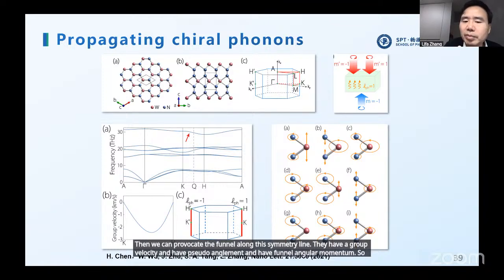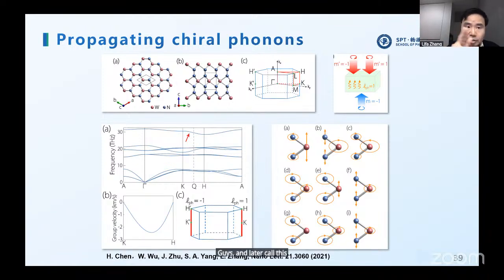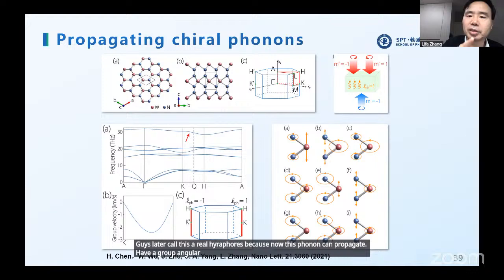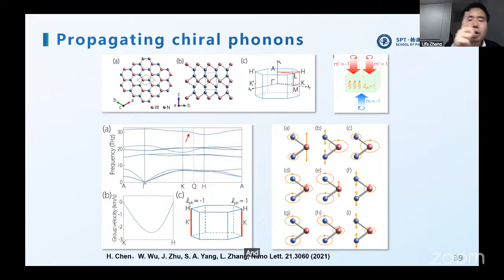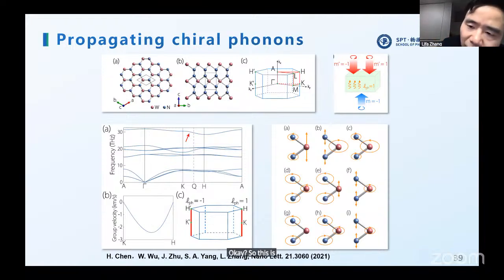Some people later call this a real chiral phonon, because now this phonon can propagate, has a group momentum along one z direction, and also has left or right circular vibrations. So k times L will be +1 or -1. It's helical. So this is a real chiral phonon that can propagate along that direction.